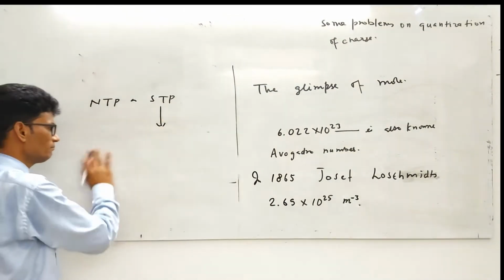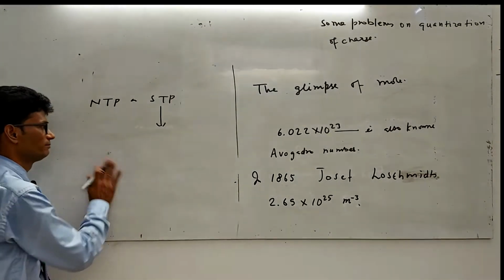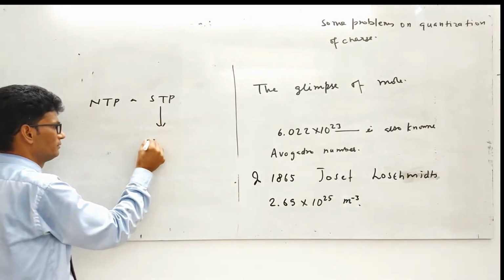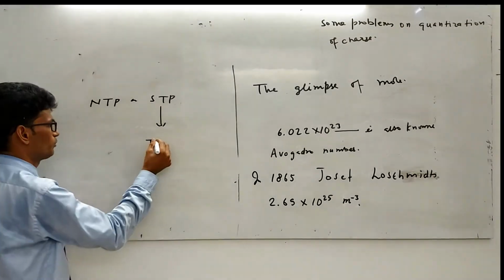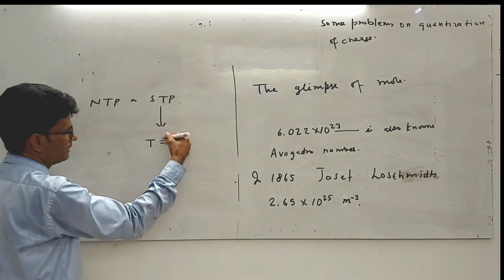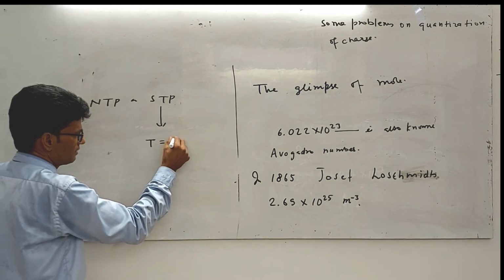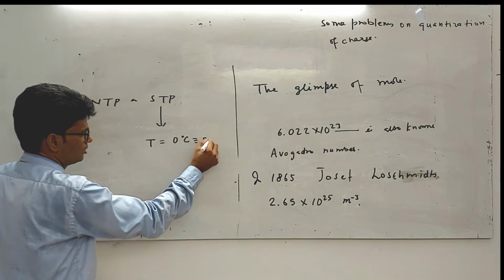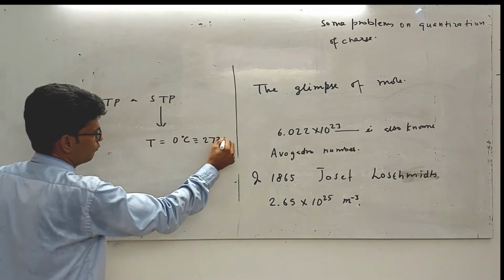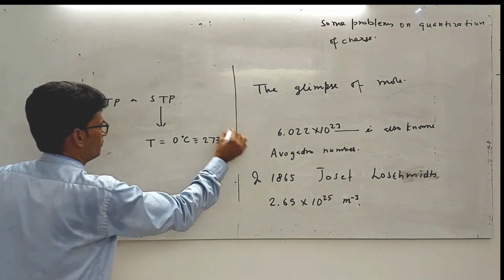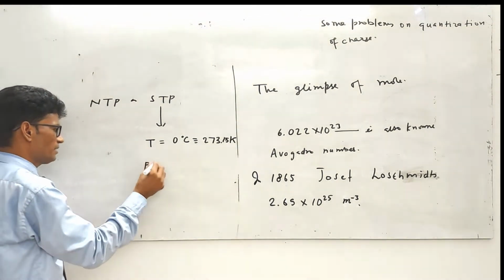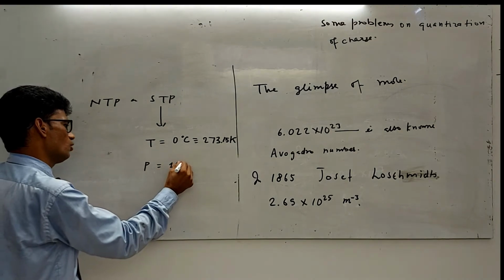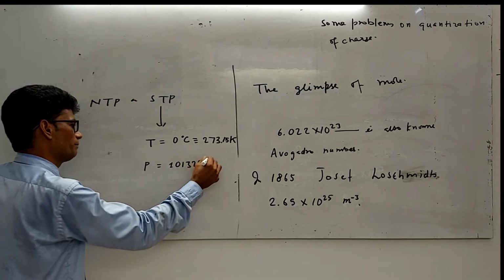STP is taken as standard temperature, no problem, 0 degree Celsius, as good as 273.15 Kelvin. What about pressure? Pressure is 101,325 Pascal.